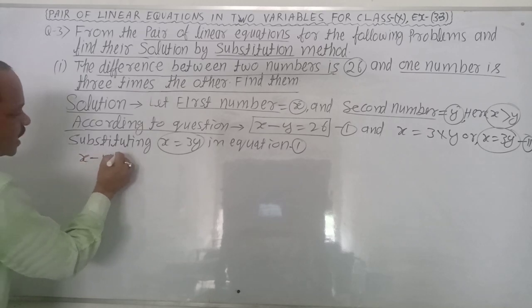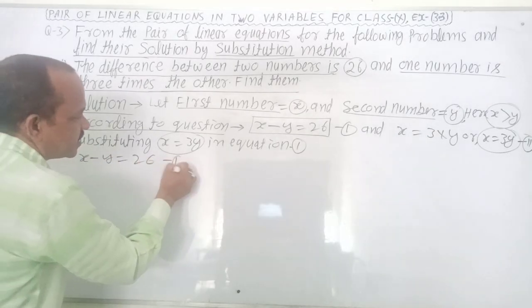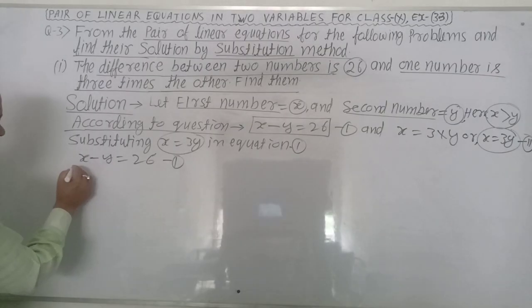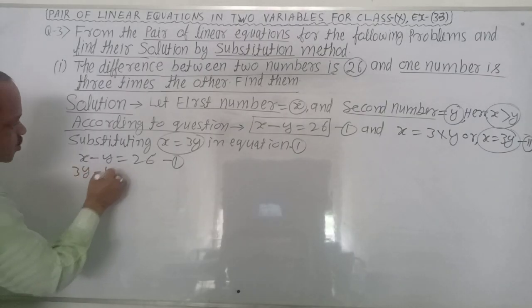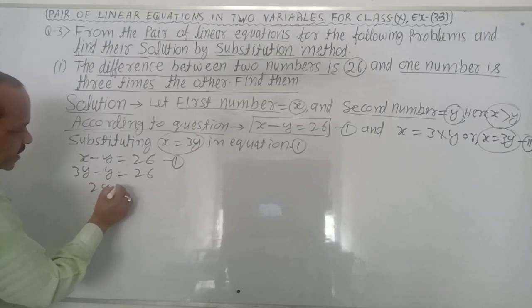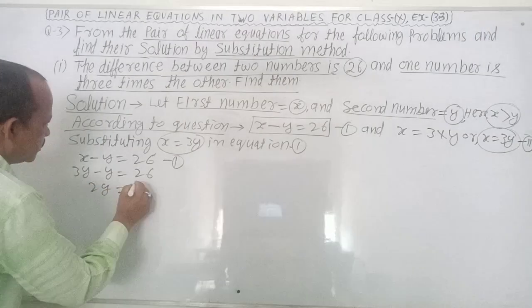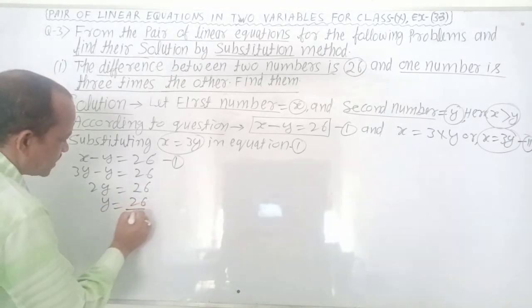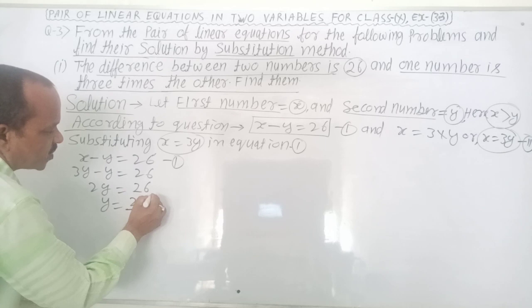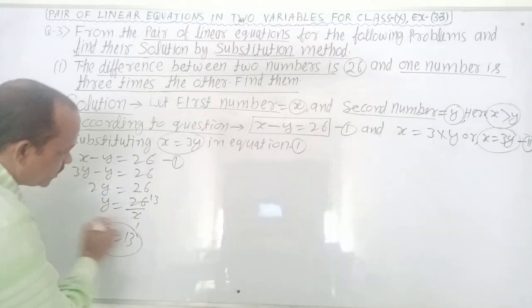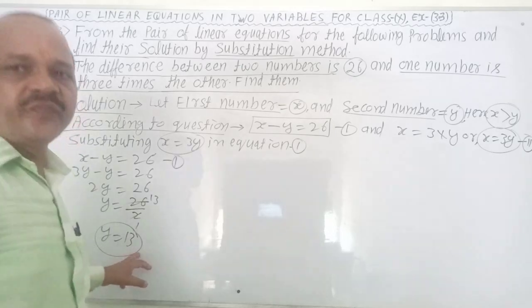Here you can write 3y minus y equal to 26. 2y equal to 26. y equal to 26 upon 2. 2 13s are 26. y equal to 13.